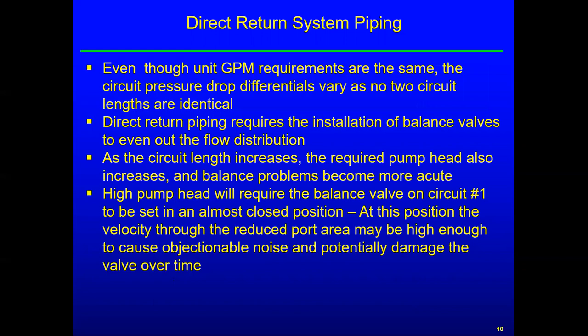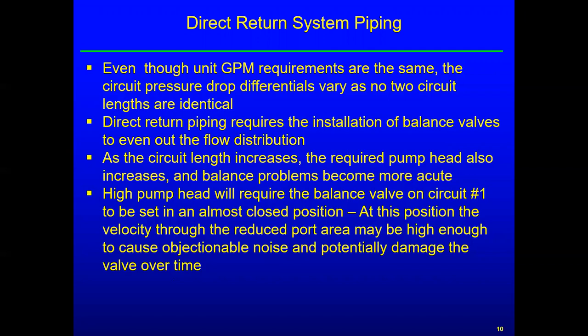So what you've got to do is put in balancing valves, and the balancing valves go in each of the little subcircuits, 1, 2, 3, 4, 5, 6, 7, and is just an adjustable flow resistance so that you can try to balance each one of those out to have the same total pressure drop.